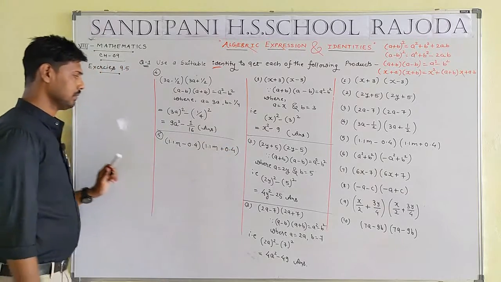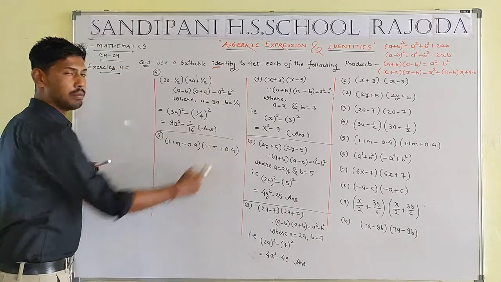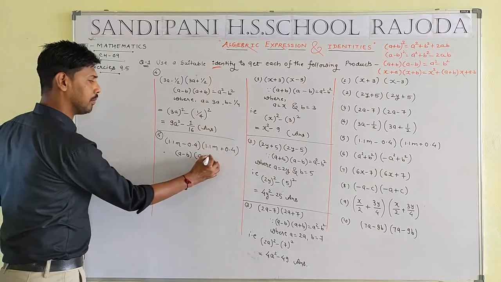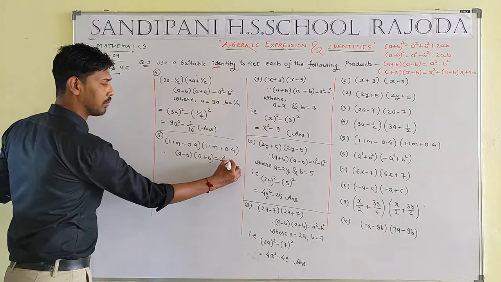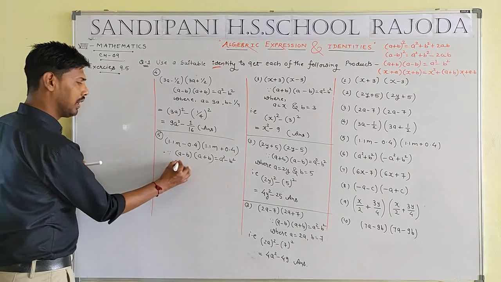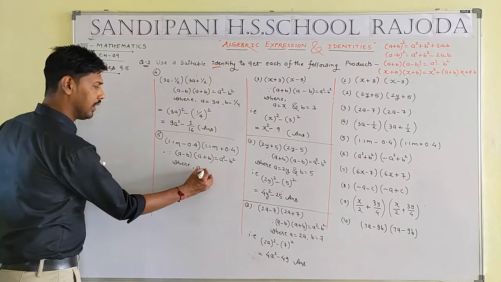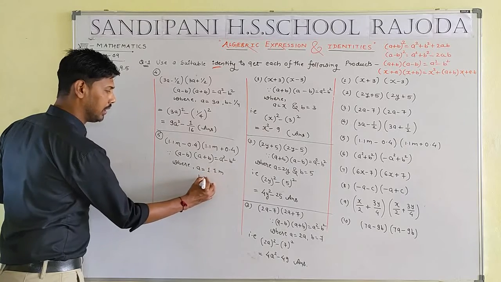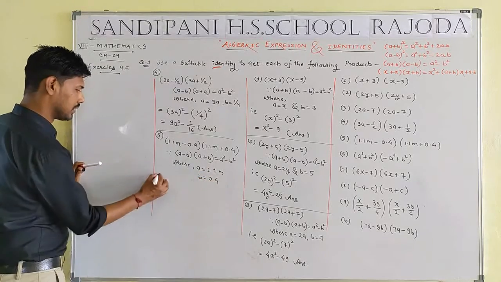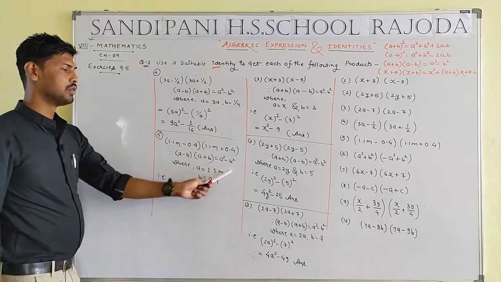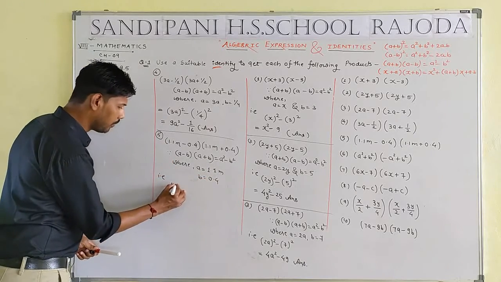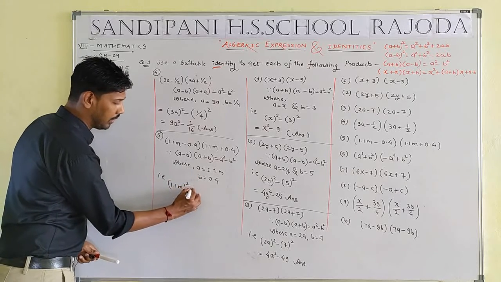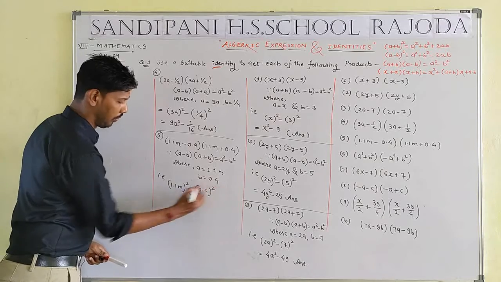Okay student, (a minus b)(a plus b), that means we use our identity number third, a square minus b square, where a will be equal to 1.1m and b equal to 0.4, such that a square minus b square will be equal to (1.1m) whole square minus (0.4) whole square.